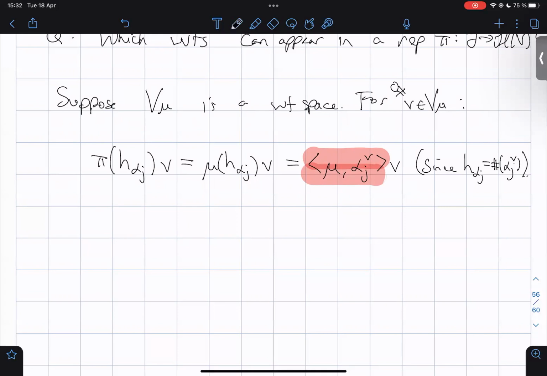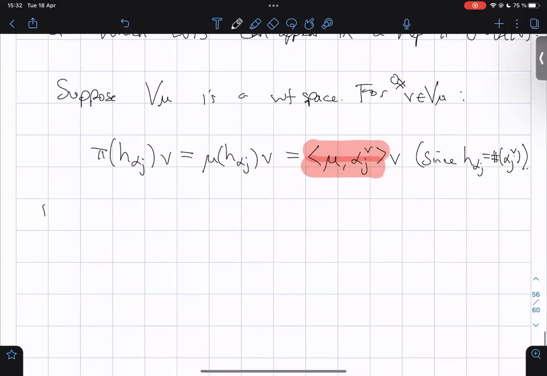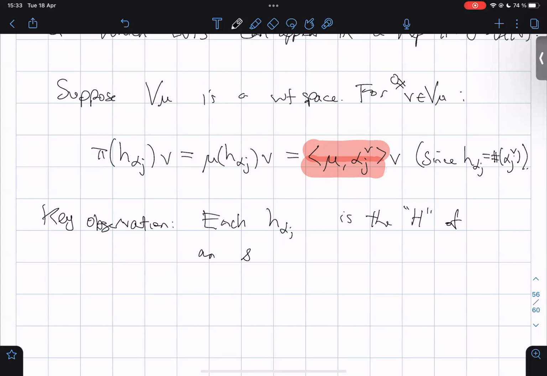So the key observation now: each H alpha J is the H of an SL2 triple.